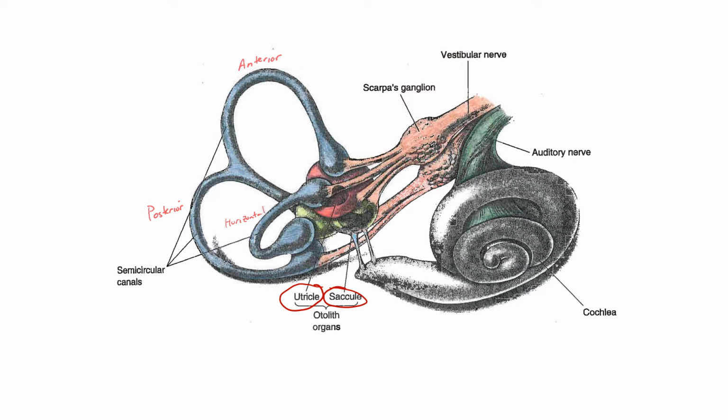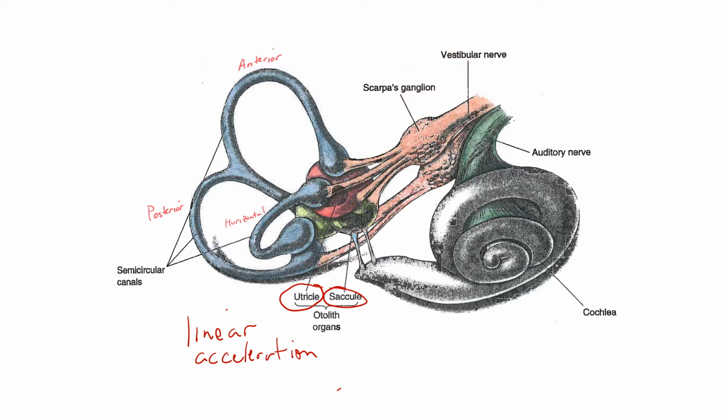These two little parts of the vestibular apparatus are for linear acceleration. When we change velocities in a straight line, it is the utricle and the saccule that respond to that type of acceleration.